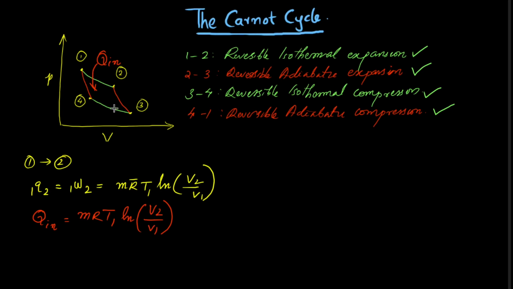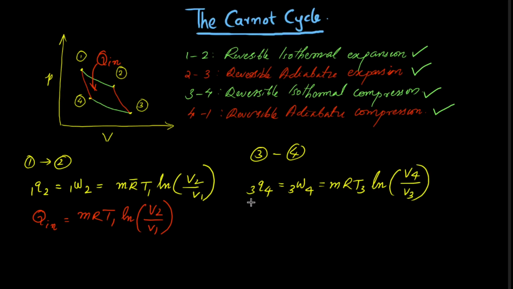Let us consider the process 3 to 4. During the process 3 to 4, we have seen that volume decreases. So, work is done on the system, and that will be equal to the heat rejected or heat transferred from the system. So, 3Q4 is equal to 3W4, that is equal to m R T3 log V4 divided by V3.